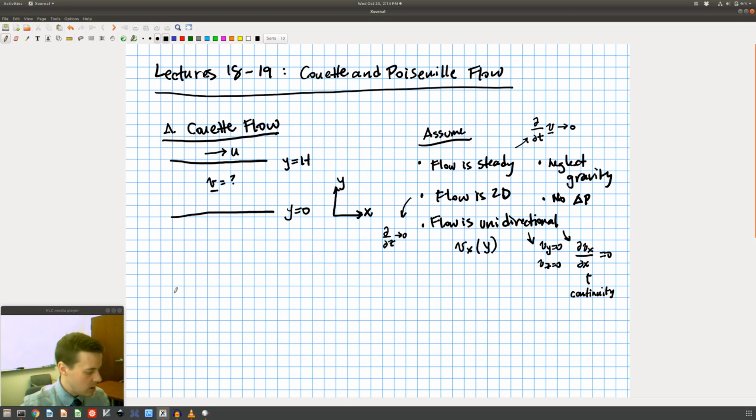So let me write down the Navier-Stokes equation in the x component.